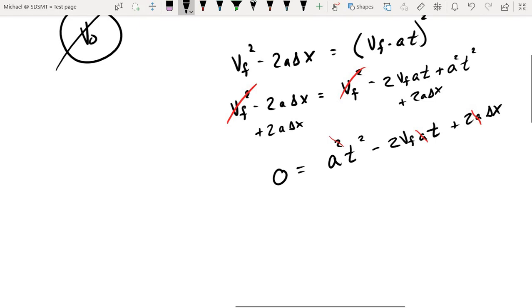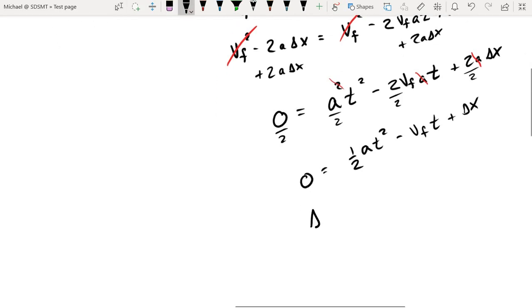And so let's take what we have here and let's rearrange things in terms of delta x. Let's solve things in terms of delta x. The first thing we would have to do is get rid of this 2. So if we go through and divide everything by 2, 0 divided by 2 is still 0. We would have half of a t squared minus v final t plus delta x.